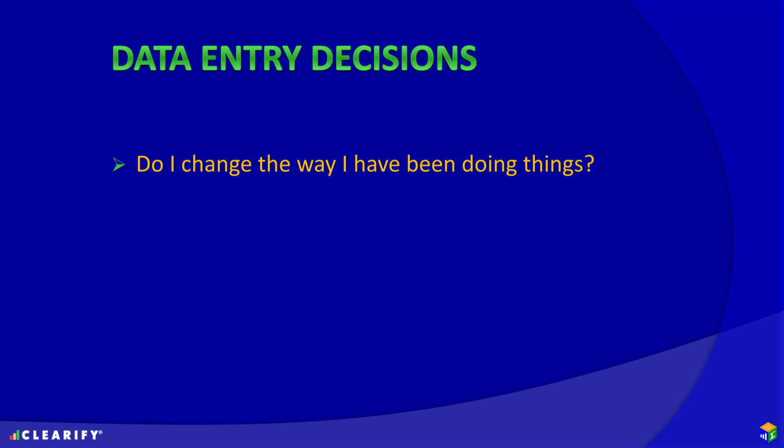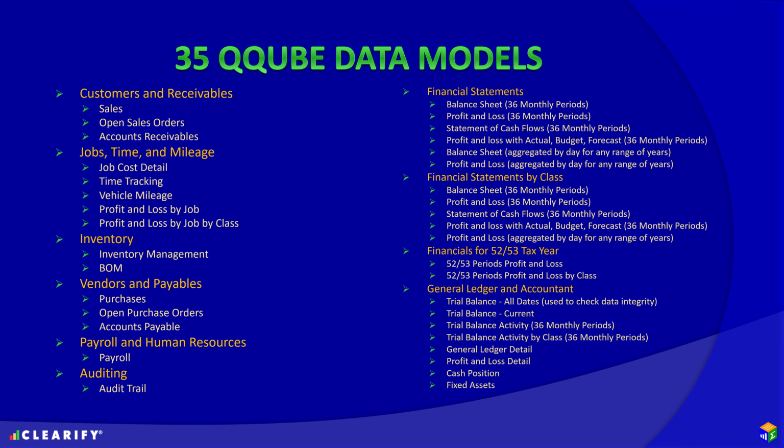Let's talk about data models, which is what makes Qube exponentially more powerful than a raw connector. A raw connector must use the Intuit software development kit like everyone else, but it is still raw data. Qube uses over 35 data models, each with specific goals.